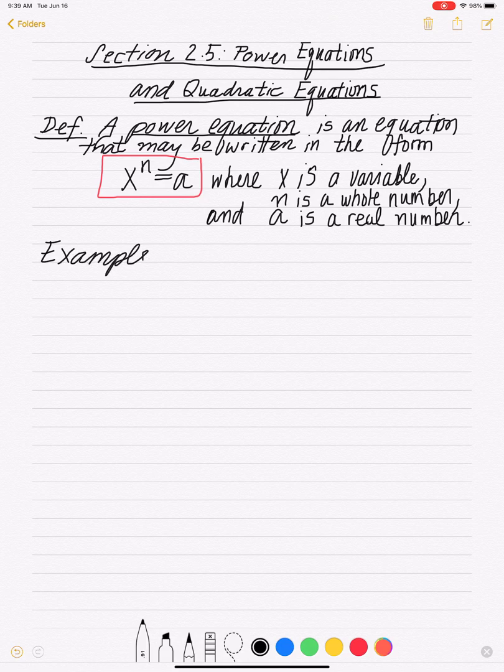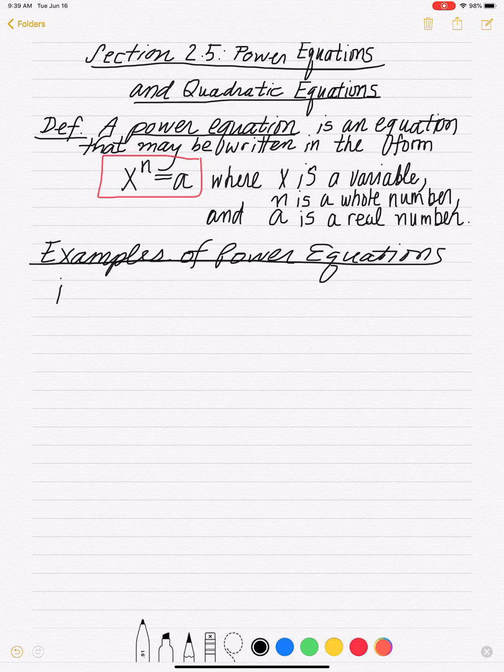Examples of power equations. We'll learn how to solve these. The first example here I have, let's see, x cubed equals negative 8.